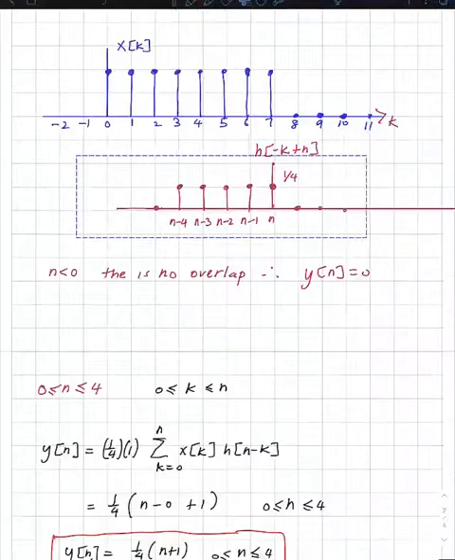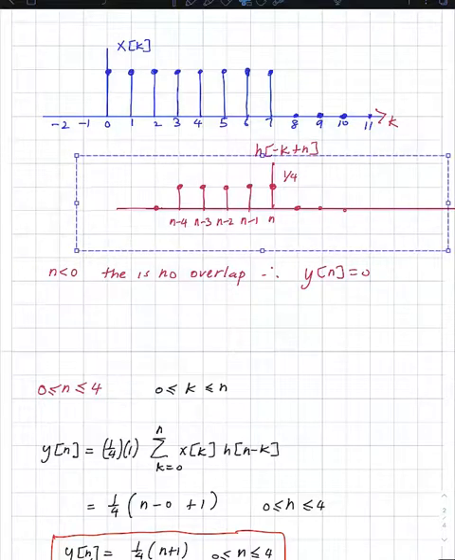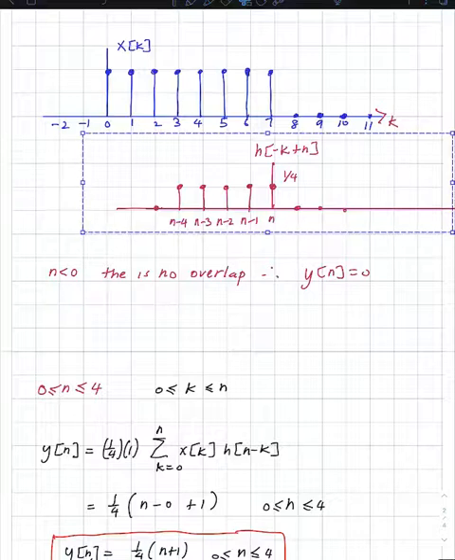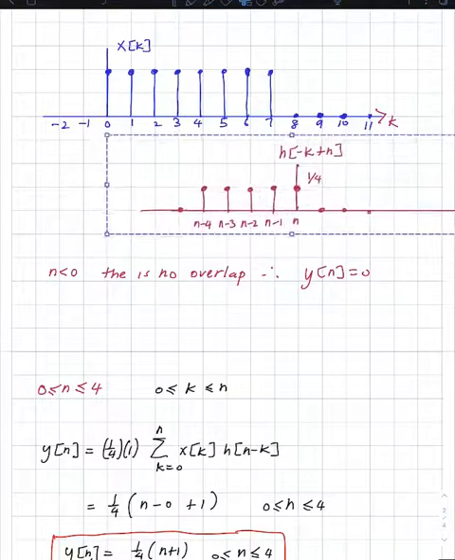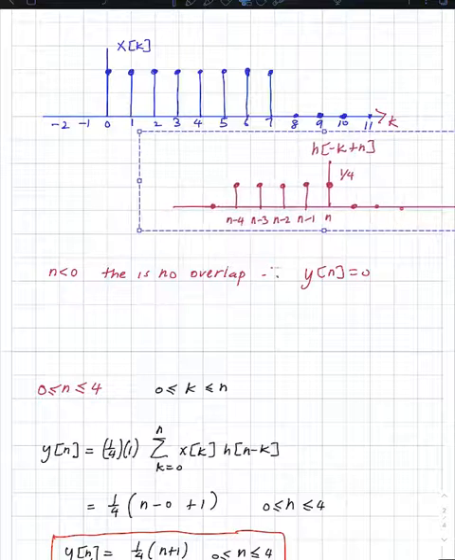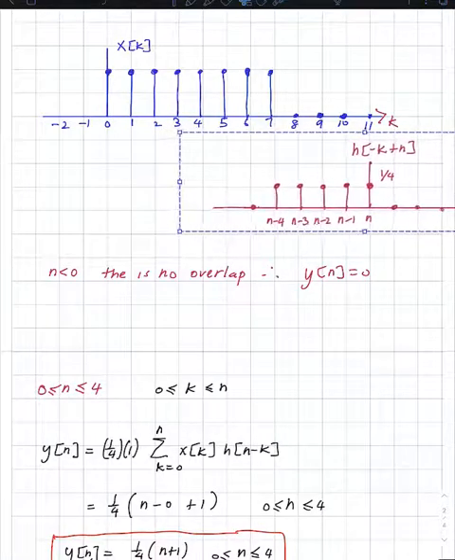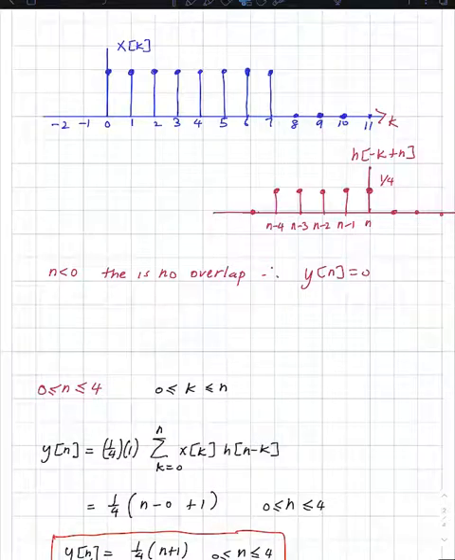Now we have to continue to move n beyond 7. n is going to be 8, 9, 10, 11. When n is at 11, there's one overlap right here.